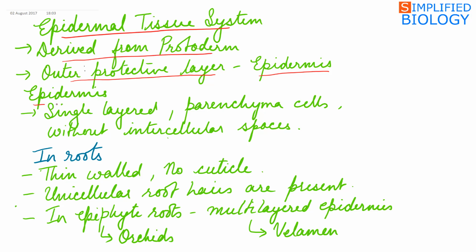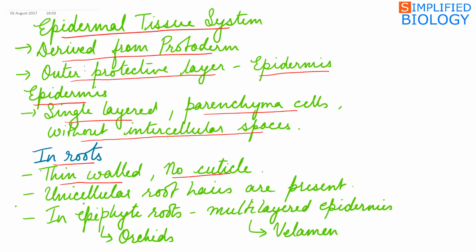Now the epidermis in the complete plant body is single-layered, made up of parenchyma cells that have dense protoplasm, and they are arranged without any intercellular spaces. In roots, the walls of the parenchyma cells present in the epidermis are thin-walled and no cuticle is present.